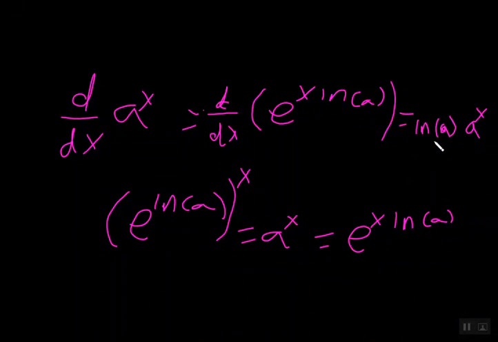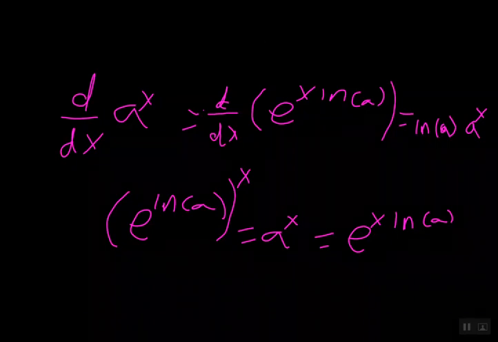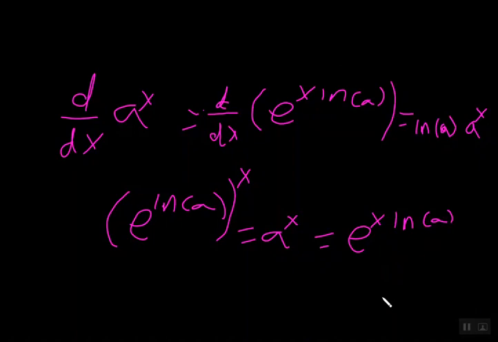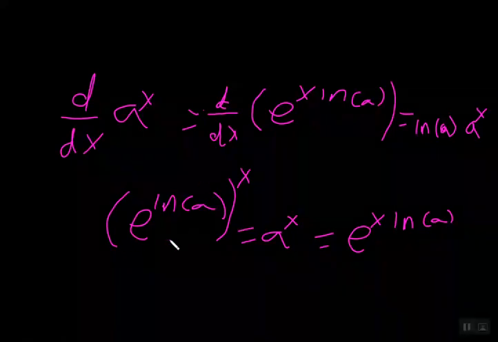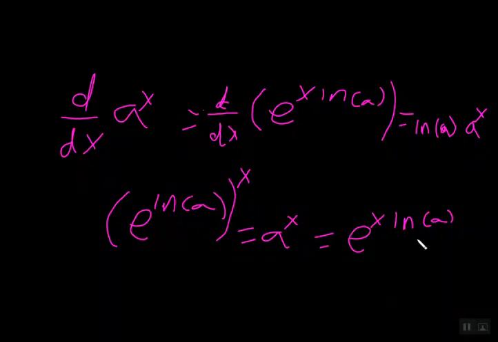And the natural log of a is a constant. So if I asked you what the derivative of 2 to the x is, it would be the natural log of 2 times 2 to the x. That's just a little application of this that's pretty easy, but you have to think in terms of changing a function like 2 to the x into the natural exponential, e to the ln of 2 times x.